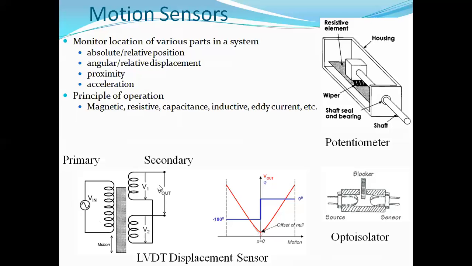This output voltage is double the input voltage, so if the input voltage is 1, the generated voltage will be 2, and it will increase further in the case of RPM or output.